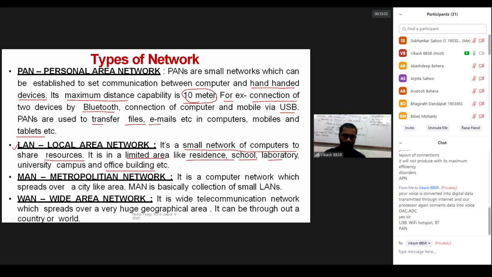No problem. But PAN is generally Bluetooth connection or USB port connection. Generally it is very small. But within one organization we can use Wi-Fi, so it can be a local area network, LAN. Clear?